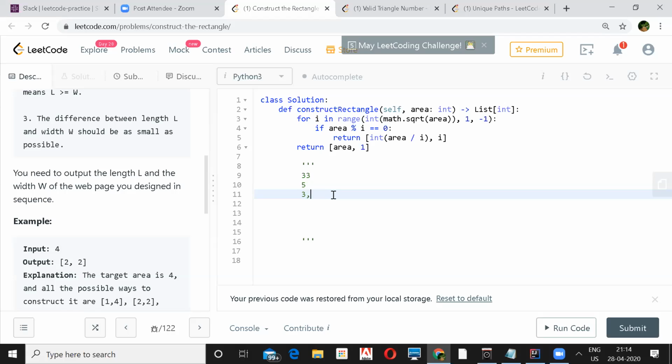So one factor will be 3, the other will be 11. Here your difference is 8, and there itself we will return. But let's say if we go further, 2 also won't make any difference, and then 1 and 33 will be too much. So I'm planning to return from here.